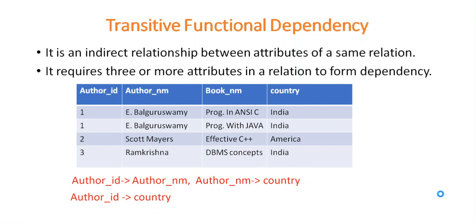Some may consist of 2 functional dependencies, some may satisfy 3, or some may satisfy only 1 functional dependency. Not all functional dependencies are satisfied by every relation.